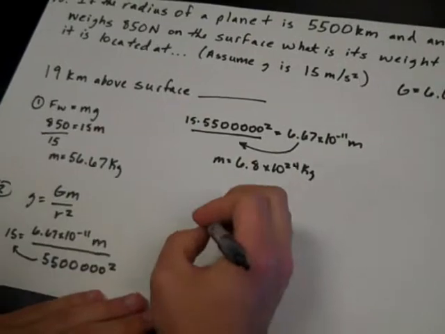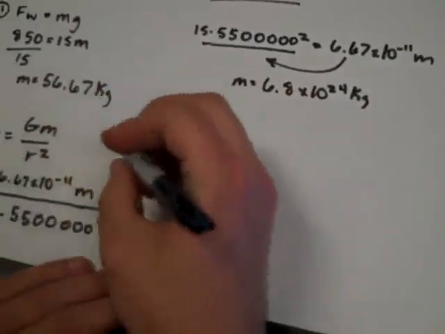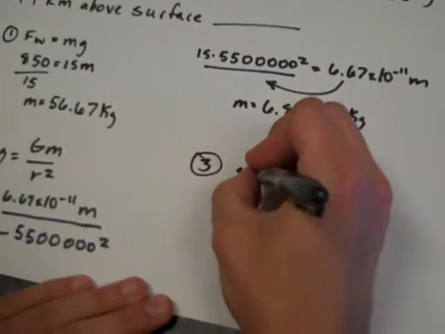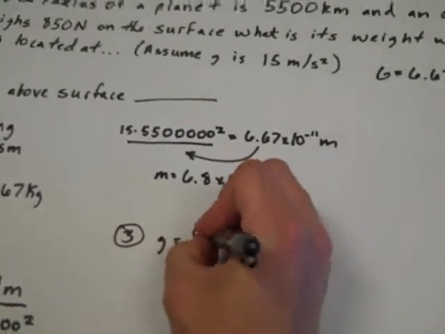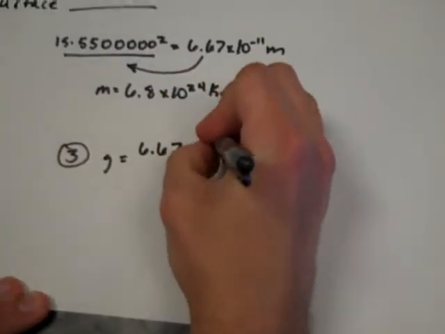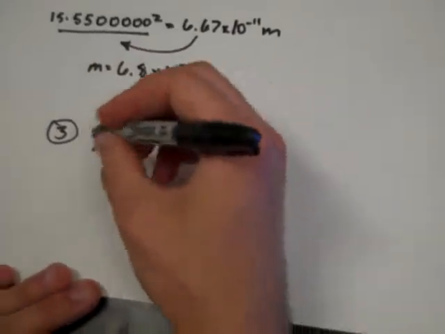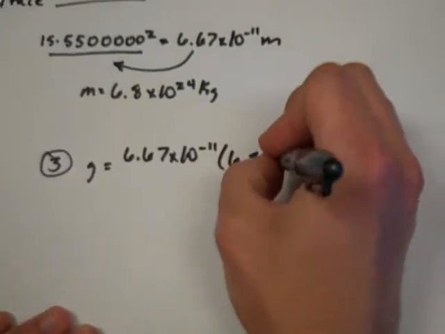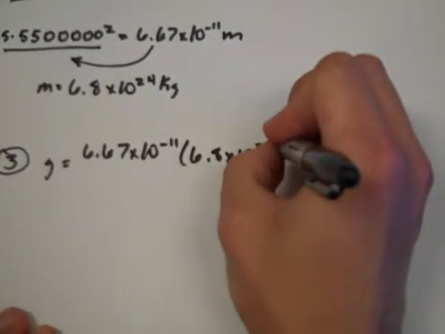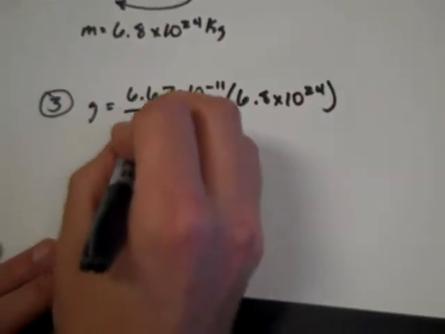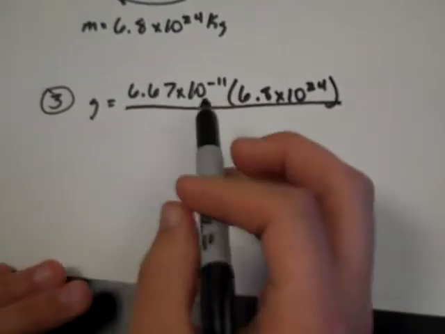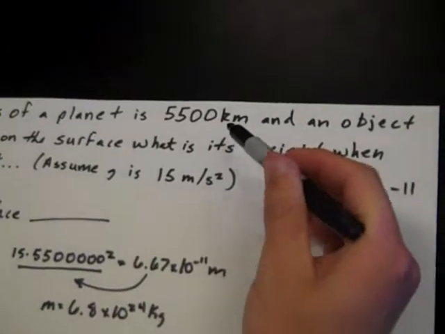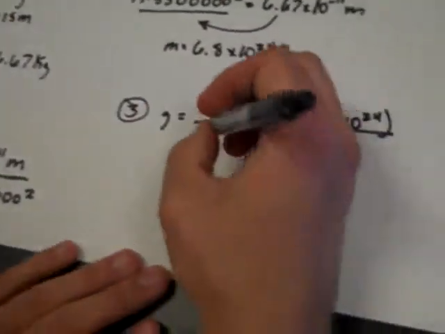So what we do is we use the same formula. Gravity equals 6.67 times 10 to the negative 11th, and we know the mass of the planet now, so 6.8 times 10 to the 24th. And it's 19 kilometers above the surface. So we take the radius of the planet and then we add the distance that it is above.